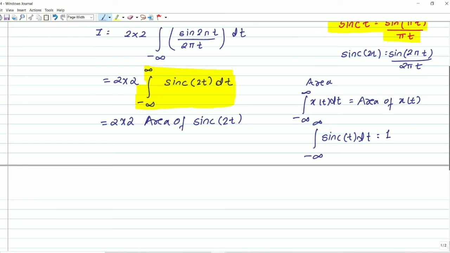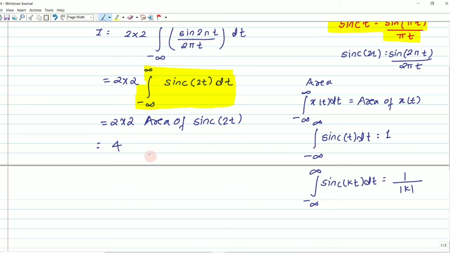Let me revise it also. The integral from minus infinity to infinity of sinc kt dt will be equal to 1 upon mod k. Understood this part? We have to just divide by mod k. We know the area of sinc t is always equal to 1. Here 2 into 2 will be 4.